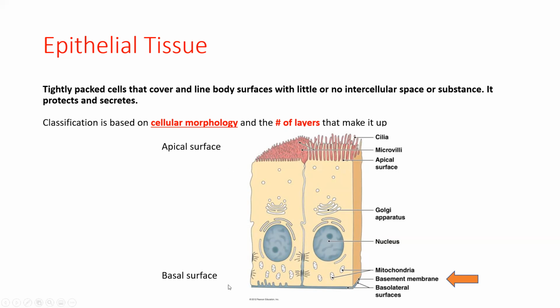On the other hand, the basal surface is not next to seemingly empty space. The basal surface typically is the area of the epithelial tissue that lines the next type of tissue beneath the basal surface. And this is typically some sort of connective tissue or muscle tissue.